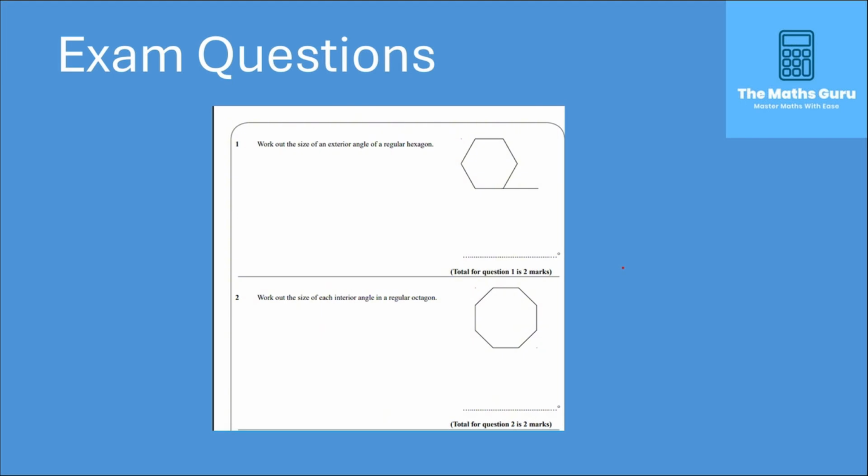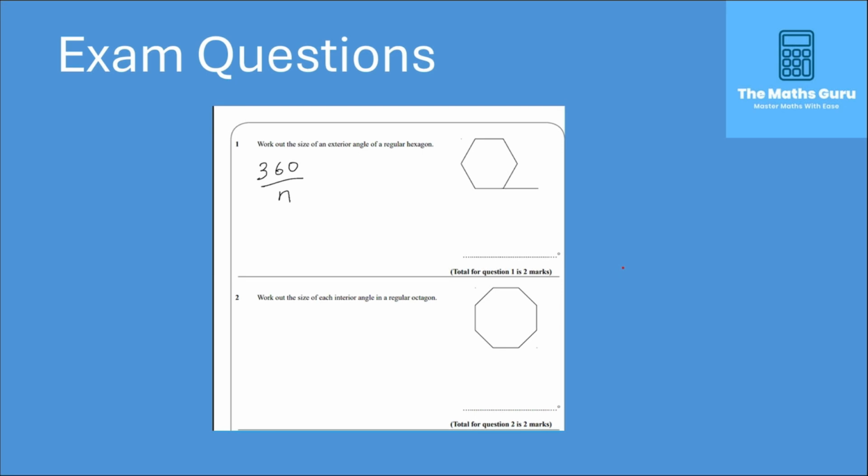So we're asked to work out the size of an exterior angle of a regular hexagon. If you remember from our previous revision lesson, we can use the formula 360 divided by n to work out the size of a single exterior angle.